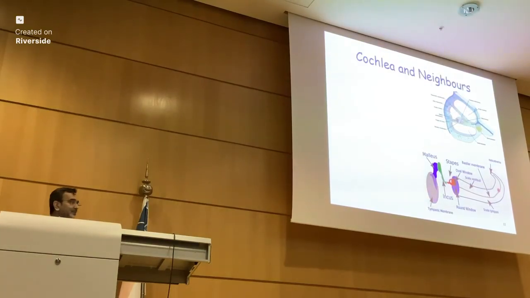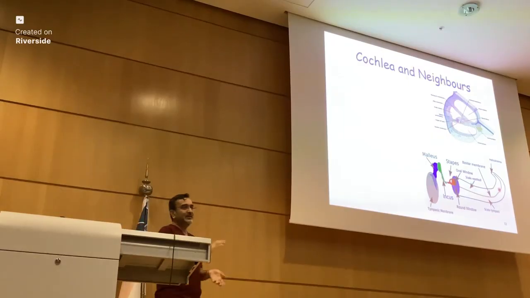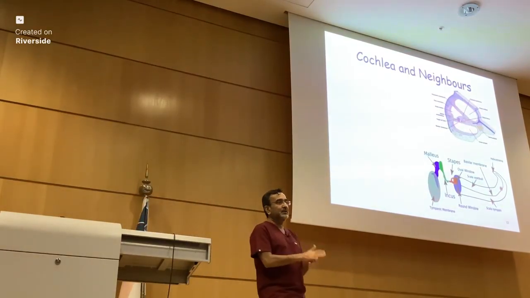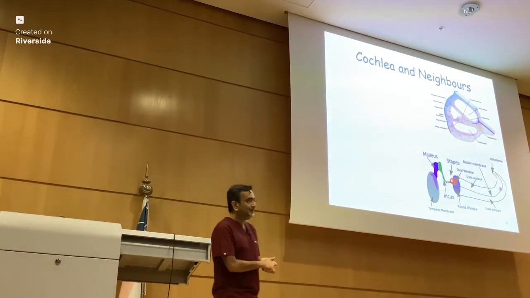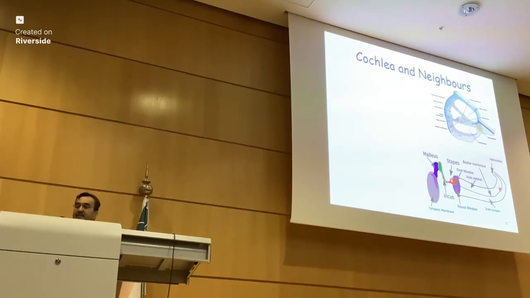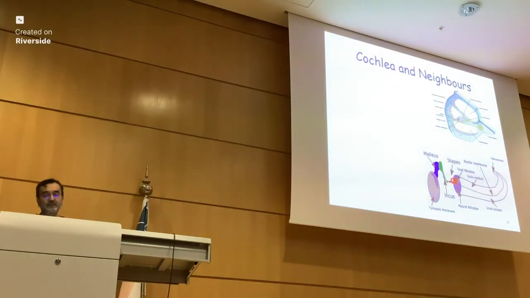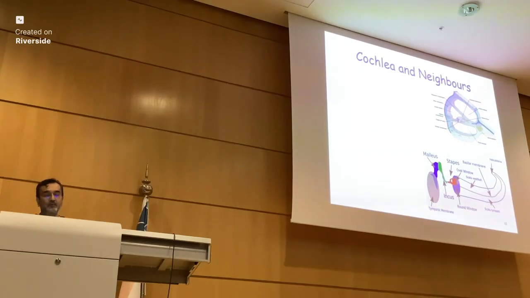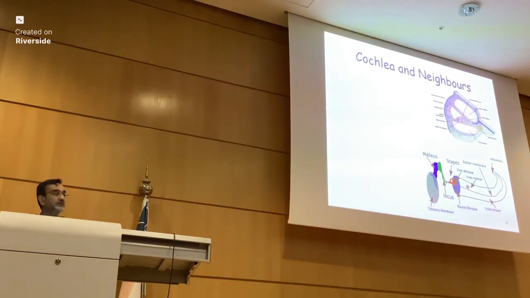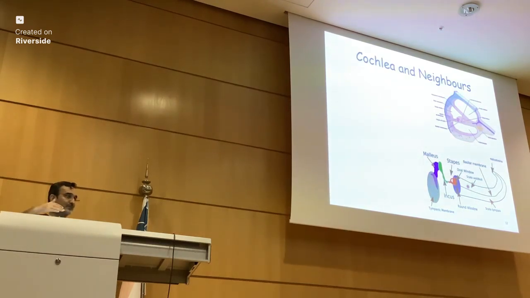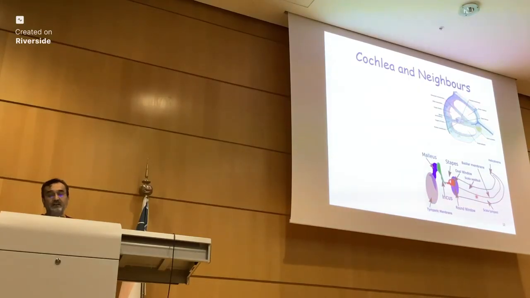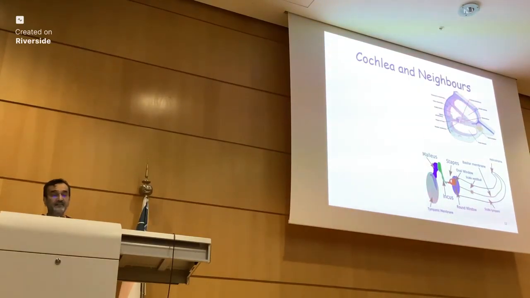Next, we are going into the internal ear, and this is where we will have the majority of our discussion today. The footplate of the stapes vibrates against the oval window and sets up vibrations in the scala vestibuli, which is the upper part of the cochlea. The scala vestibuli's vibration is transmitted into the scala media, where you have the basilar membrane.